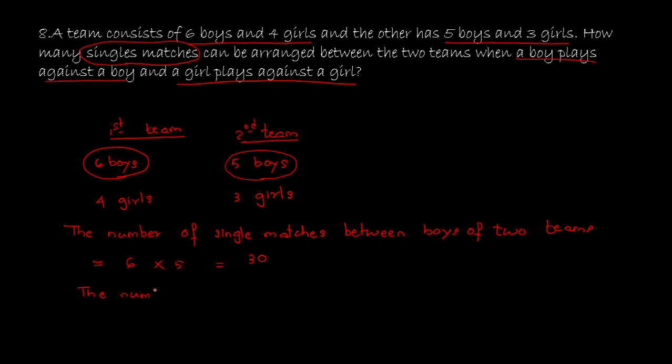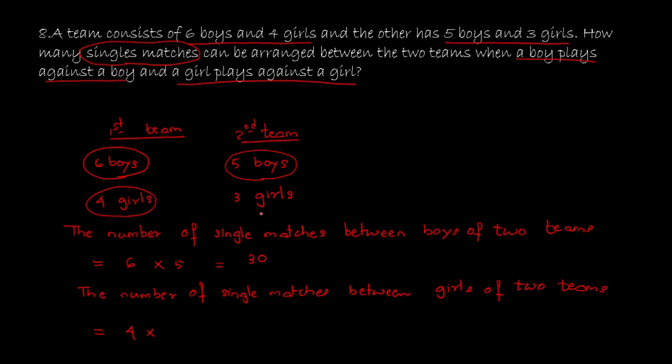Next, the number of single matches between girls of the two teams equals, the first team has 4 girls, so it has 4 ways, multiplied by the second has 3 girls, so it has 3 ways.